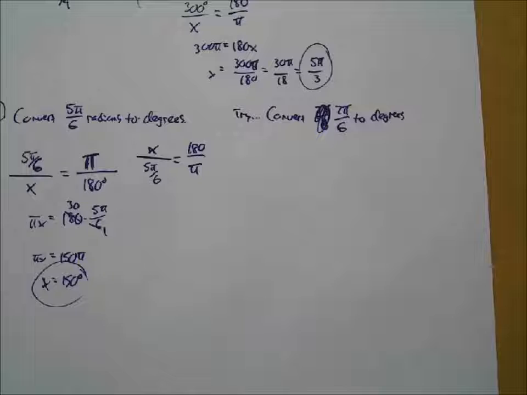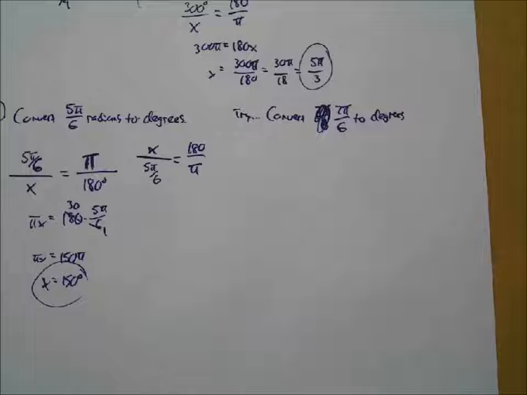Ratios set up. So when you cross multiply, right, this is really like 180 over 1.